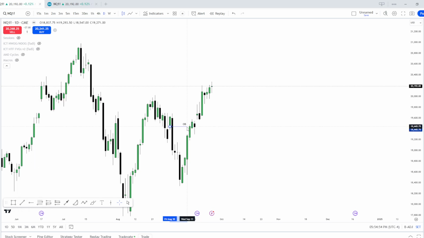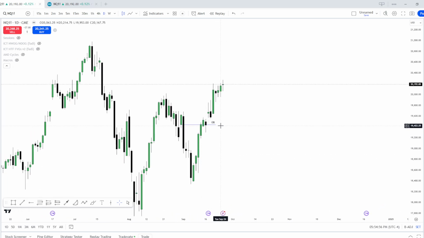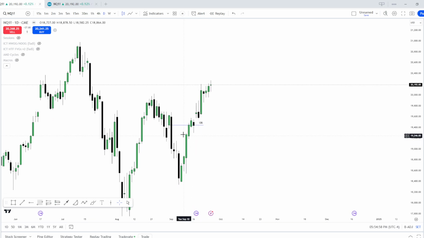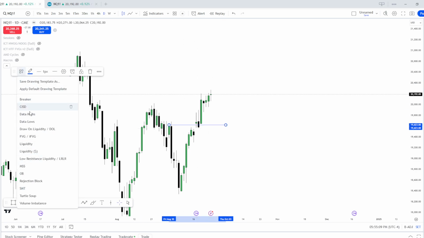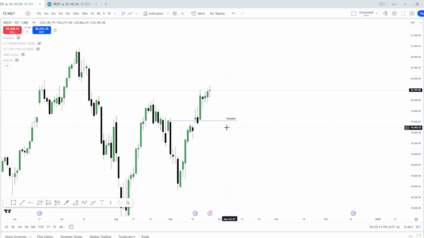When price fails to hold and send price to the downside off of this order block, and we close above it, which we did right here with this candle, this is now a breaker block. This is now a bullish breaker because it failed to send price down, so now we expect it to send price to the upside.